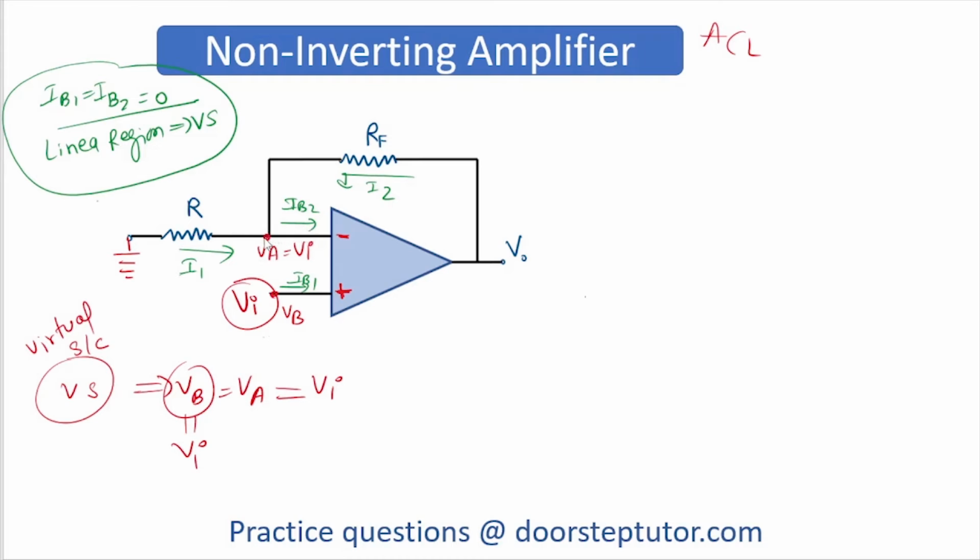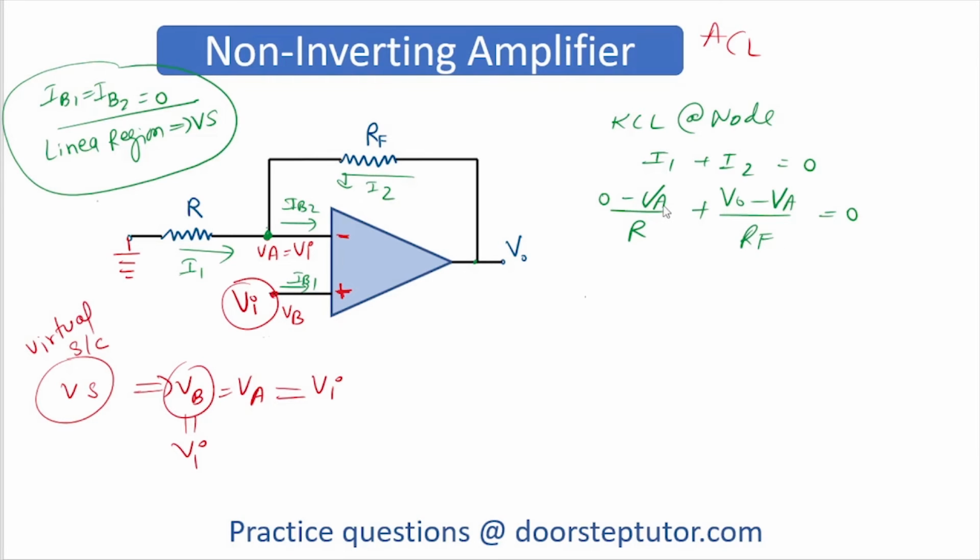Now let us write the equation at node A. If you apply KCL at node A, this will be I1 plus I2 equals 0. I1 current is given by (0 minus VA) upon R, and I2 current is given by (V0 minus VA) upon RF, and that equals 0.